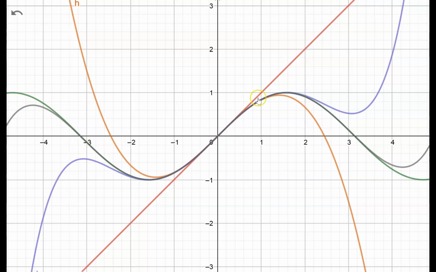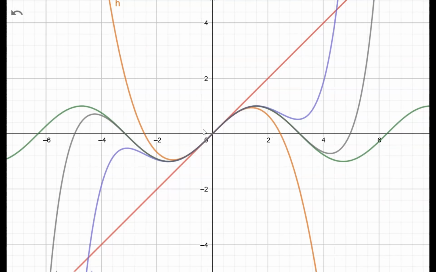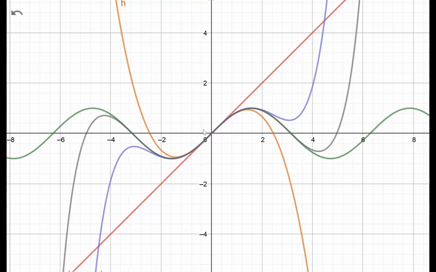As you notice in this series graph, as we keep adding terms to the series, it starts to hug the sine curve. And the more terms you add, the closer it hugs sin x.